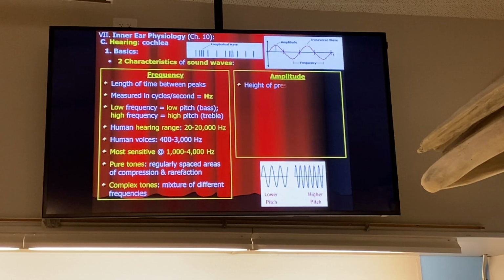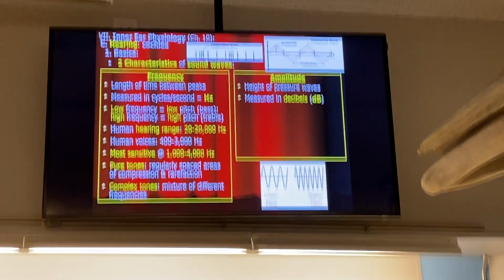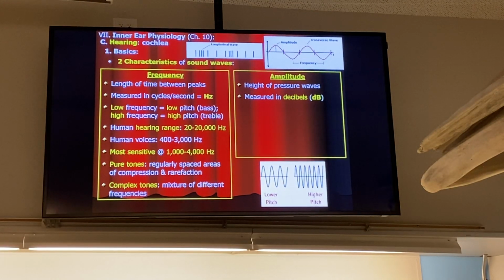Okay, amplitude, that's volume. Here, we measure it in a unit called decibels. Decibels is not a straight volume. Hopefully they told you this when you went to do your hearing tests, because this is what I told all the first groups for both Monday and Wednesday. Decibels is not a volume.